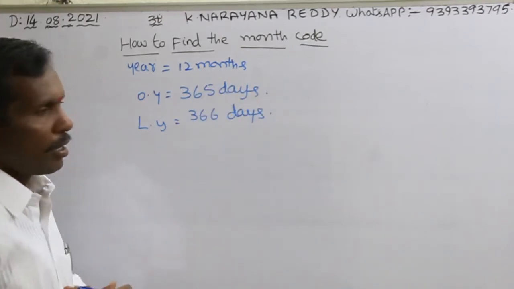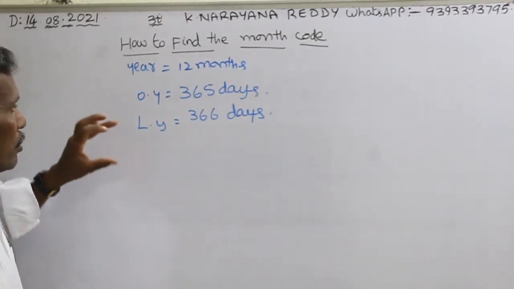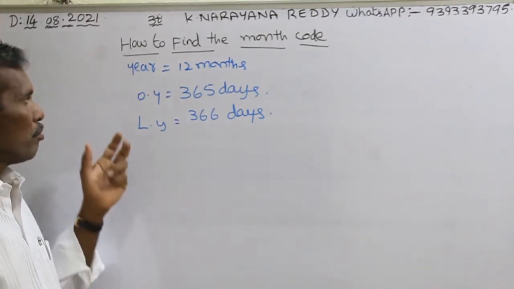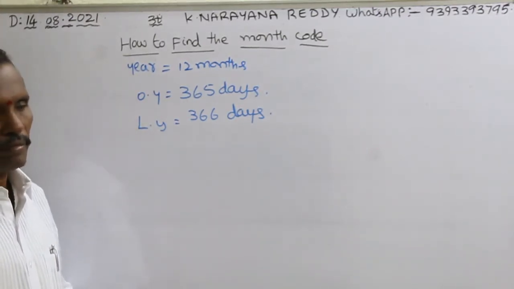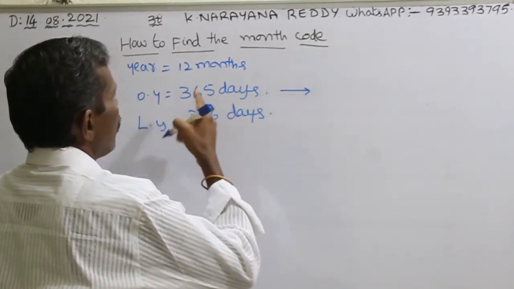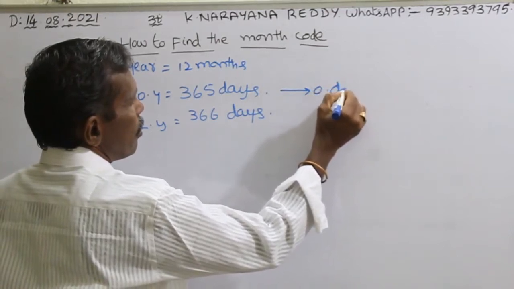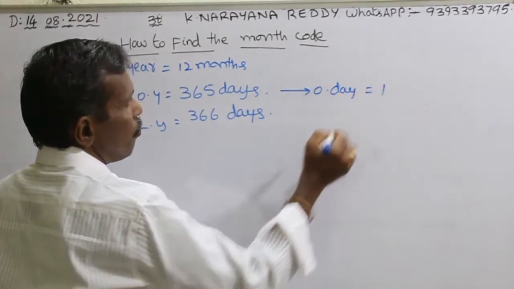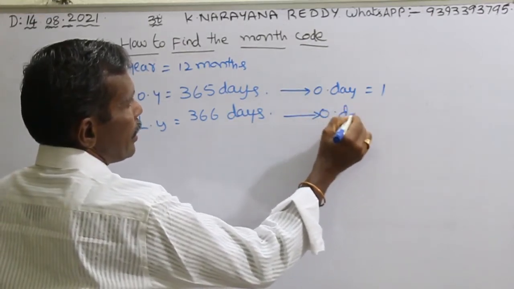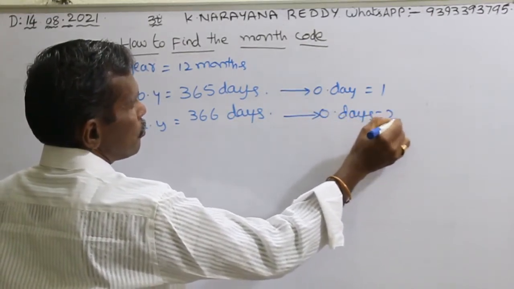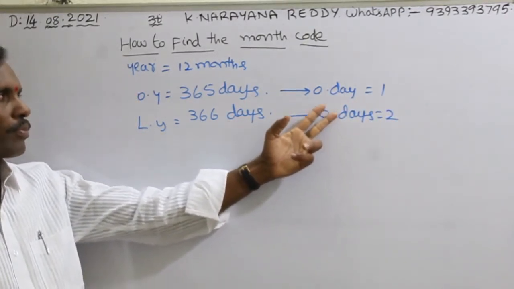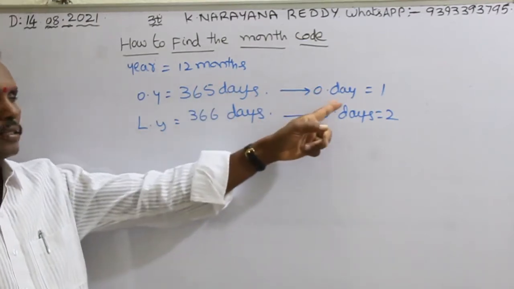There are some differences between an ordinary year and a leap year. Actually, odd days in an ordinary year are 1. In the same manner, a leap year has 2 odd days.